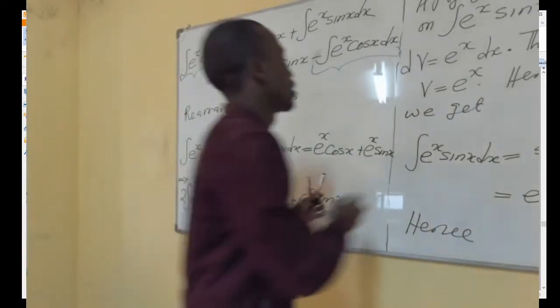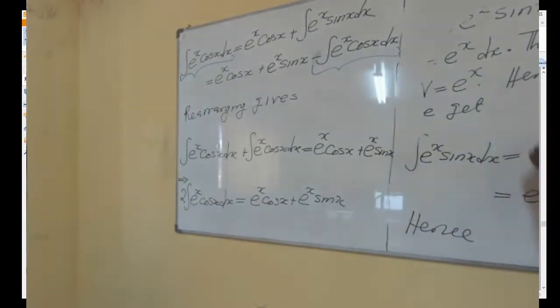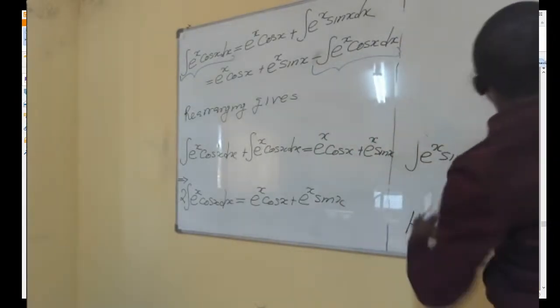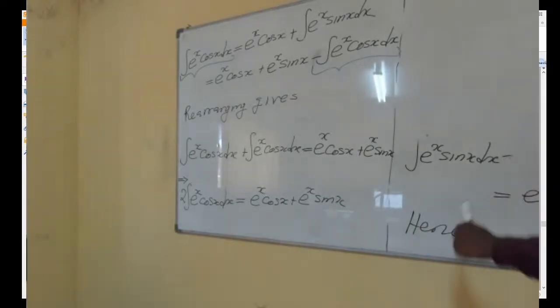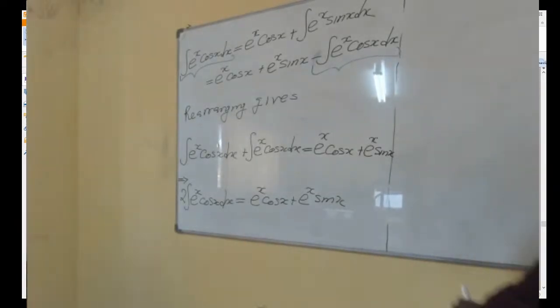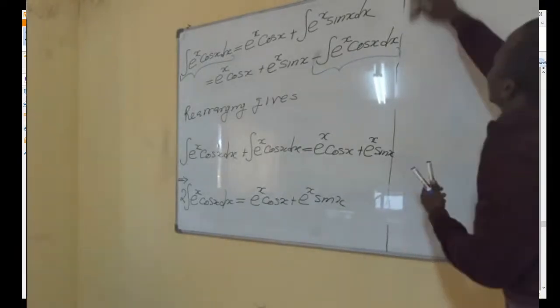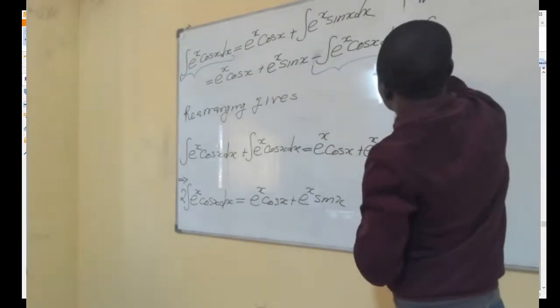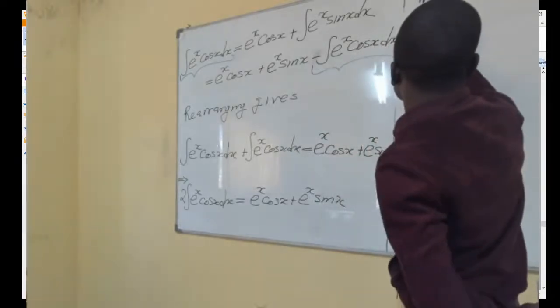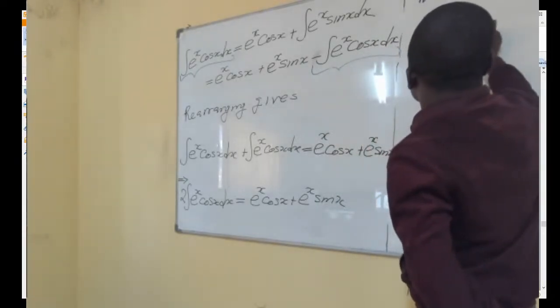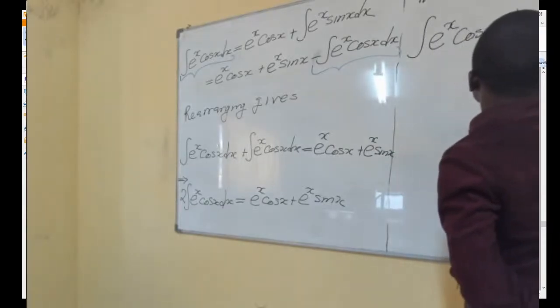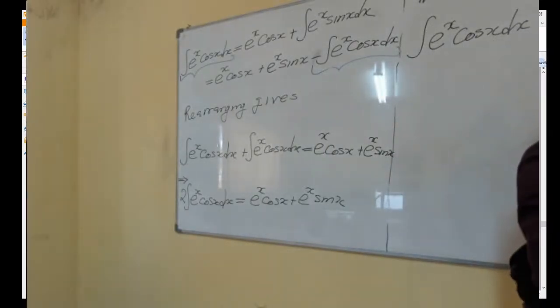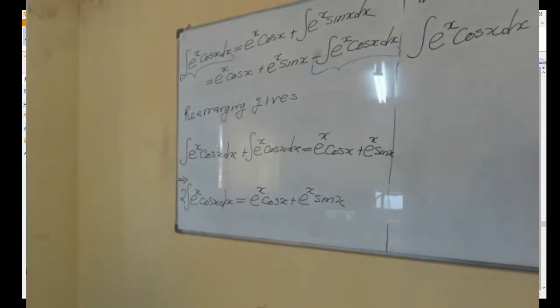From here now, we conclude, therefore, thus, when we divide both sides by 2, what we're going to get is the integral of e power x cos x is equal to 1 over 2 multiplied by e power x cos x plus e power x sin x.